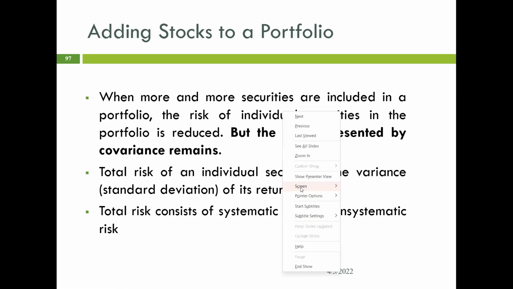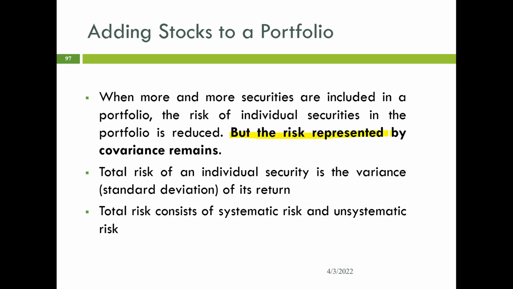When you include many stocks in your portfolio, the individual stock risk is declining, but the risk represented by the covariance between different stocks remains.